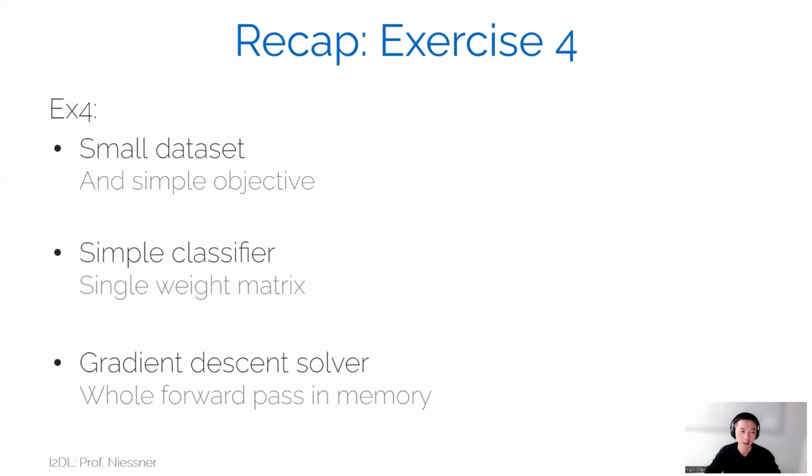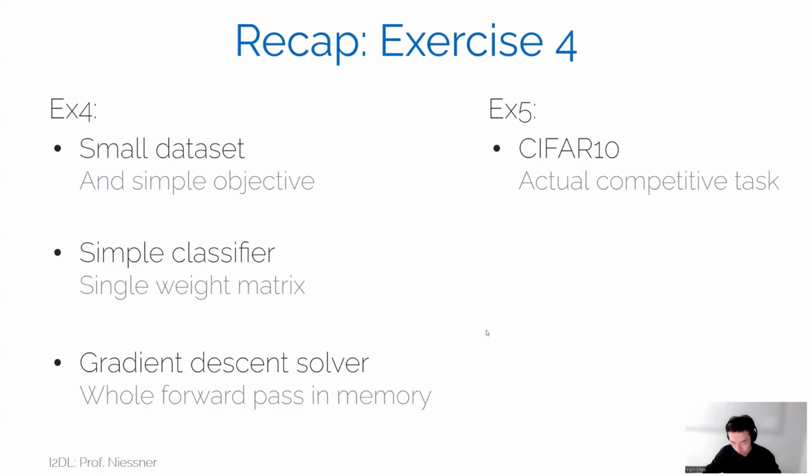And in exercise 4, you were using a small data set with a simple objective to discriminate whether the house is cheap or expensive, and with a very simple classifier with all input features like the different characteristics of the house, you can get a single weight matrix based on it and then get the output. And during the training, you use the gradient descent solver with the whole forward pass in memory.